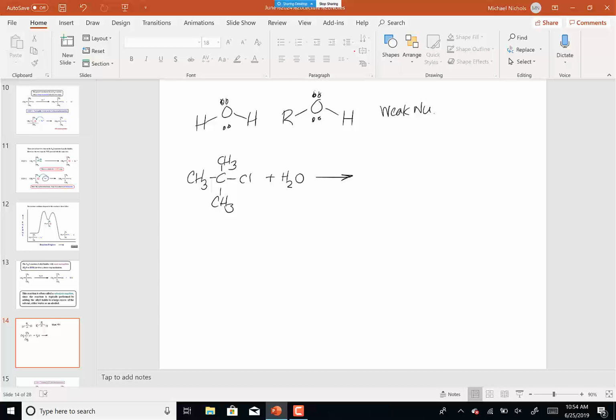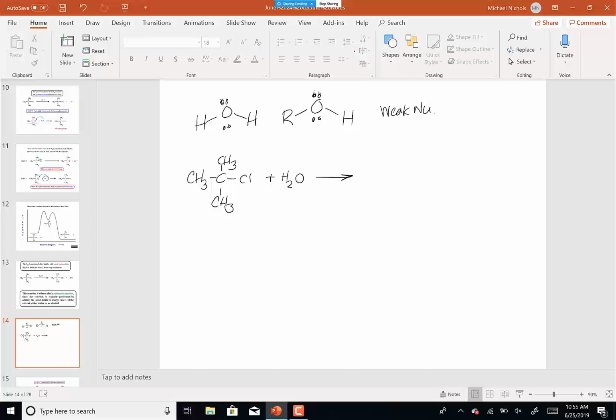This has to be SN1 right now because it's a tertiary halide. I'm going to apply another rule that says water and alcohol can only react in SN1s because they're not rich enough to kick off a leaving group.